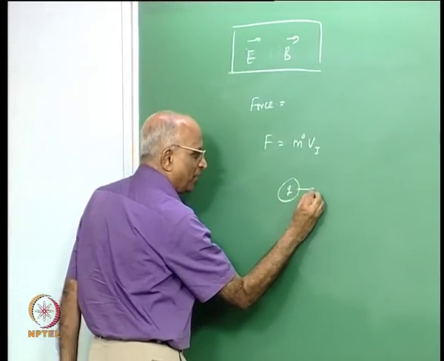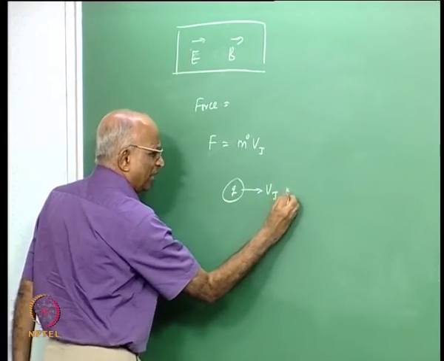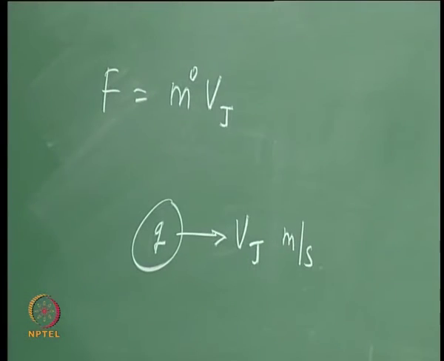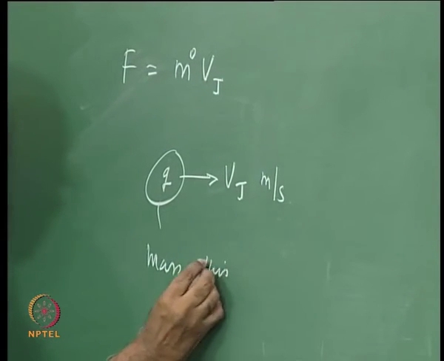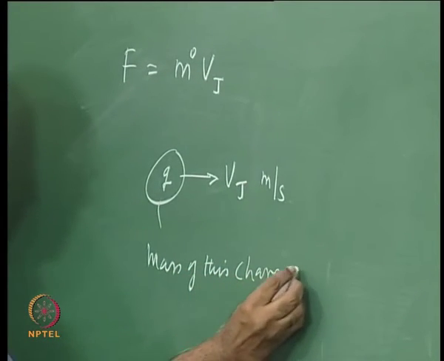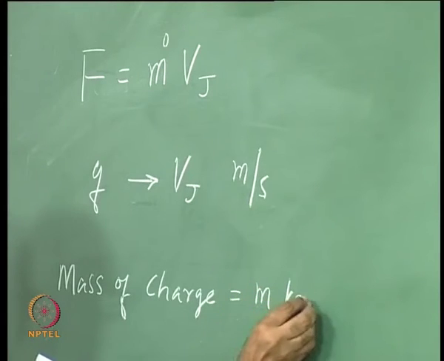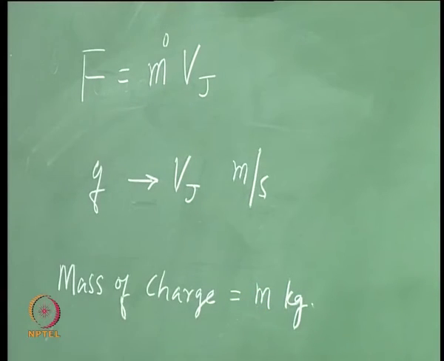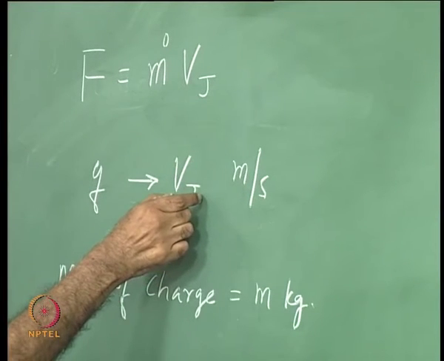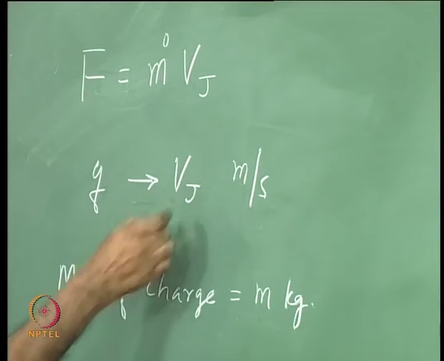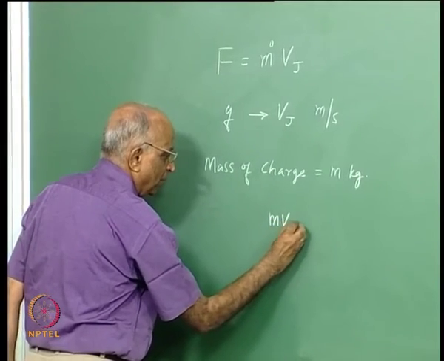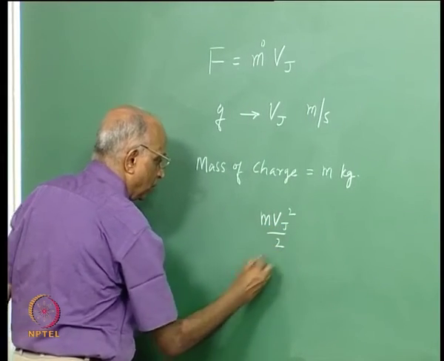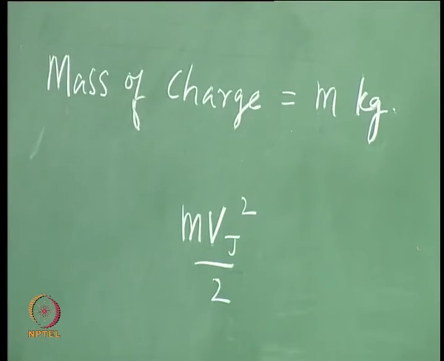If I can move it or accelerate it through Vj meter per second, and the mass of m kg is to be accelerated to a velocity of Vj meters per second, therefore the kinetic energy to be given is equal to m Vj square divided by 2. We can write this value.